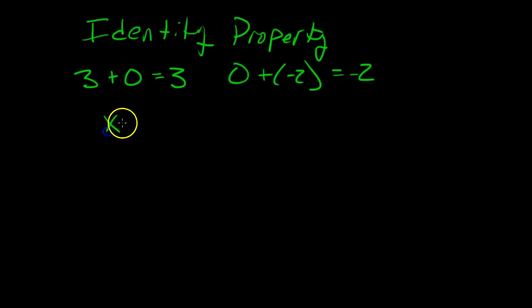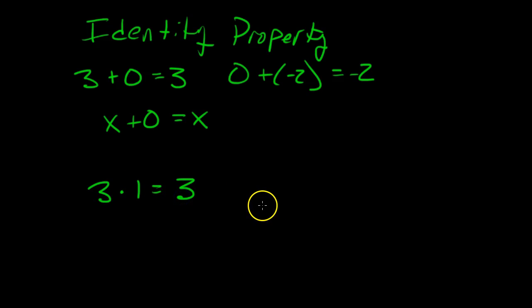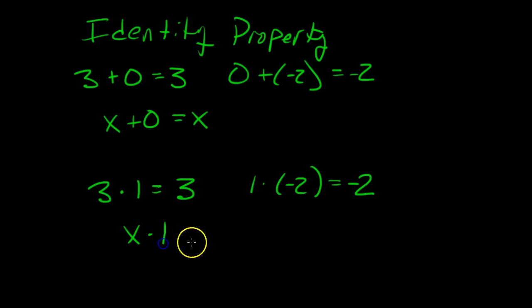If I do x plus 0, I get x. Similarly with multiplication, it's about multiplying times 1. So if I do 3 times 1, I get 3. If I do 1 times negative 2, I get negative 2. So any number times 1 is itself. That's the identity property.